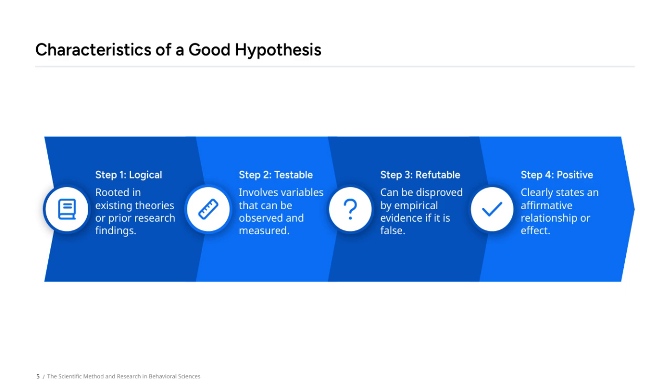The third characteristic is that the hypothesis must be refutable. In other words, there should be a possibility to disprove it through empirical evidence if it turns out to be false. Lastly, a good hypothesis is positive. It clearly states an affirmative relationship or effect, rather than being vague or ambiguous. These 4 steps help ensure that our hypothesis is both meaningful and scientifically sound.